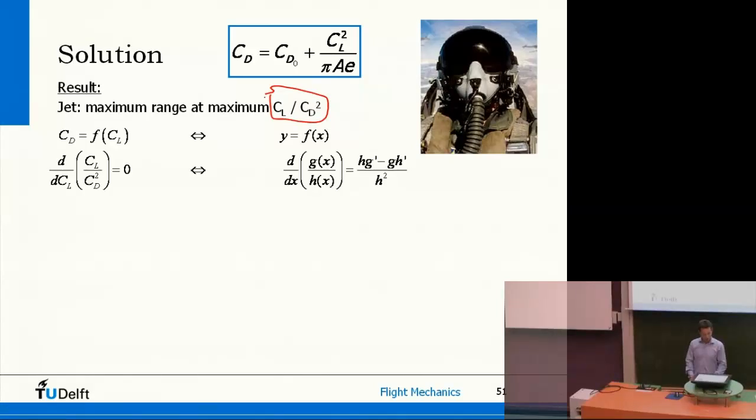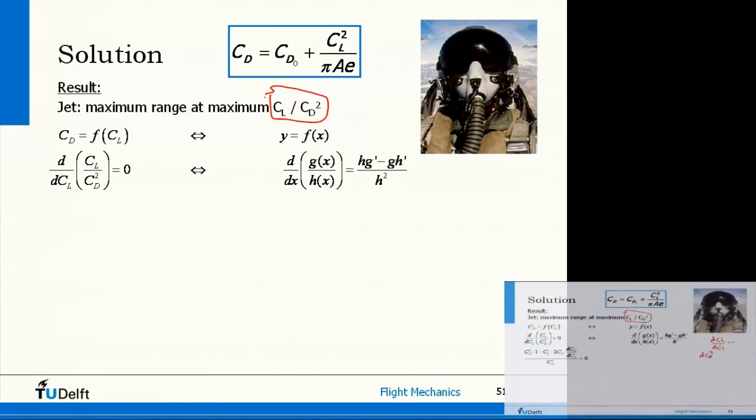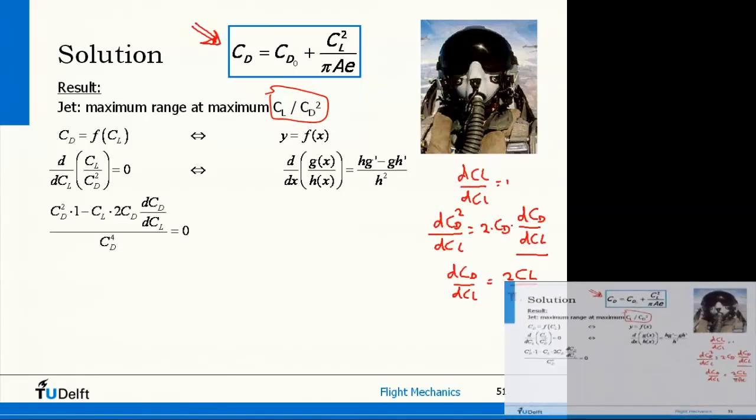The derivative of CL with respect to CL is 1, but the derivative of CD squared with respect to CL is 2 times CD, and then the derivative of CD with respect to CL. So that's the product rule. And the derivative of CD with respect to CL you can obtain from this equation, and that is simply 2CL over pi AE.